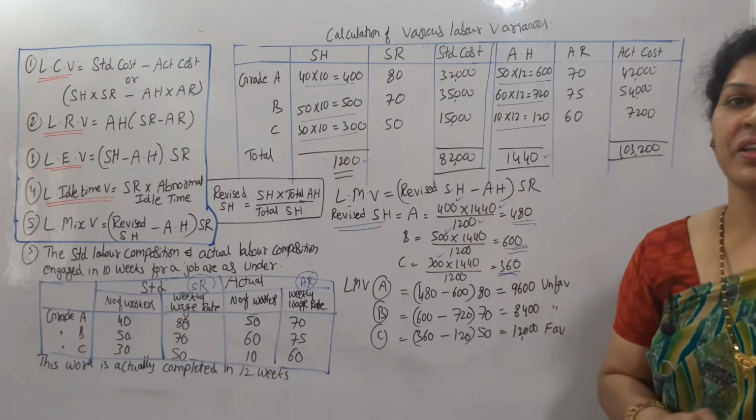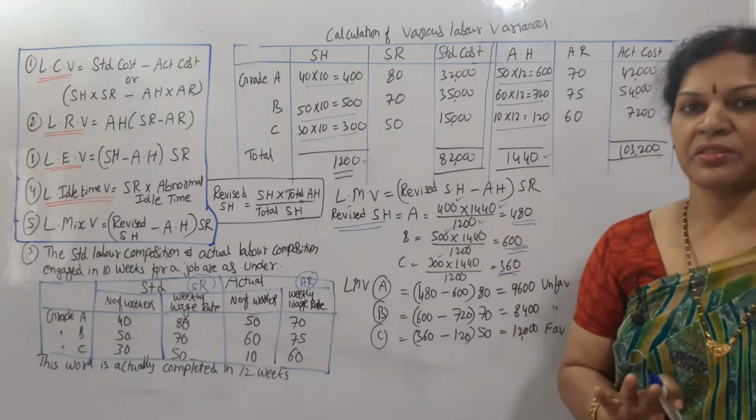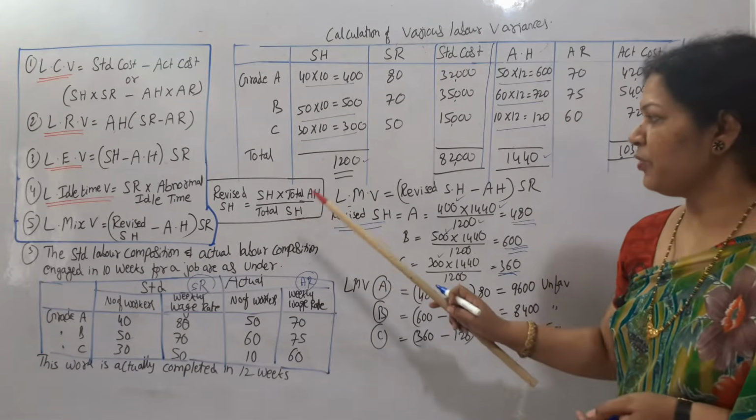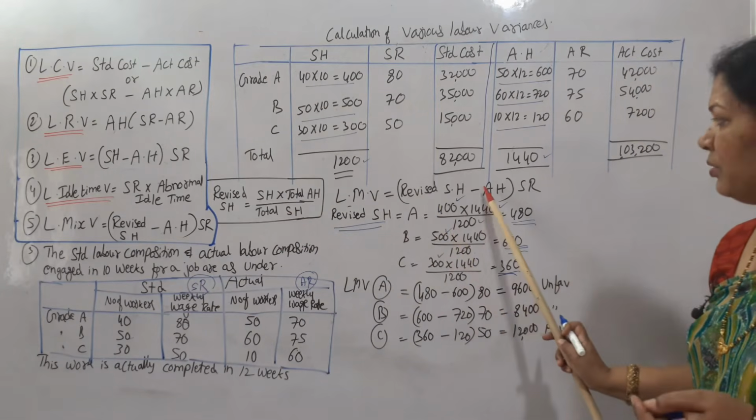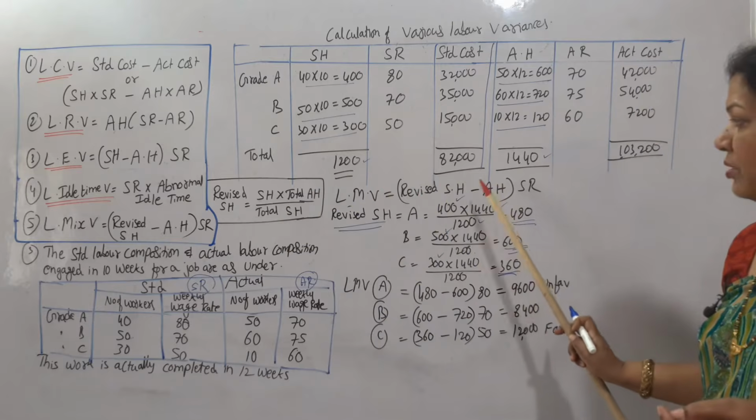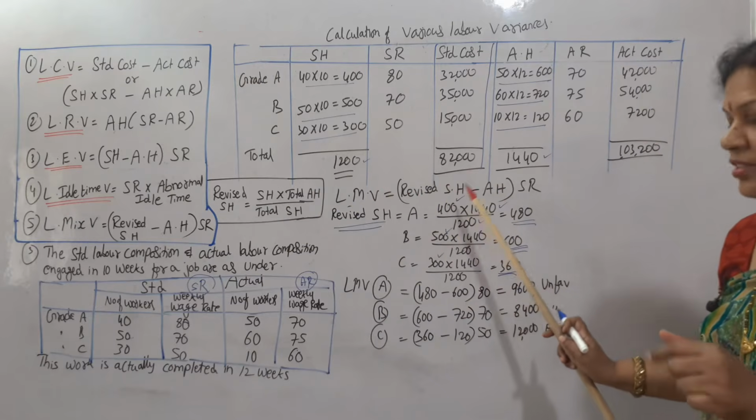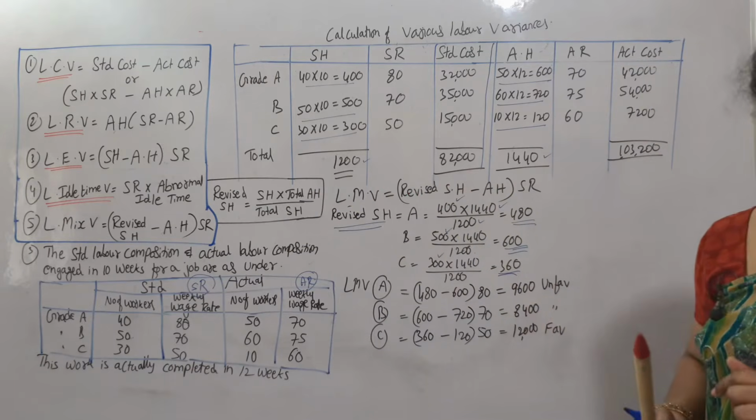Once you get revised standard hours, now put them in the formula. What is the formula? Revised standard hours minus actual hours into standard rate.